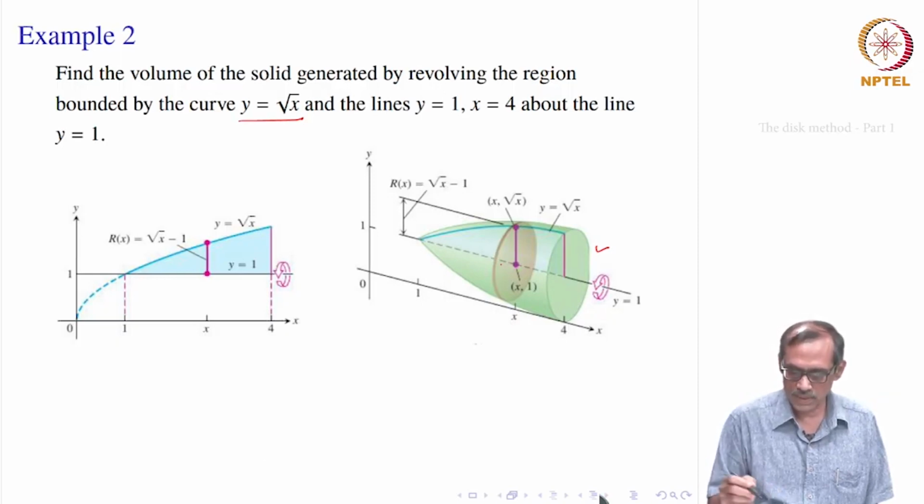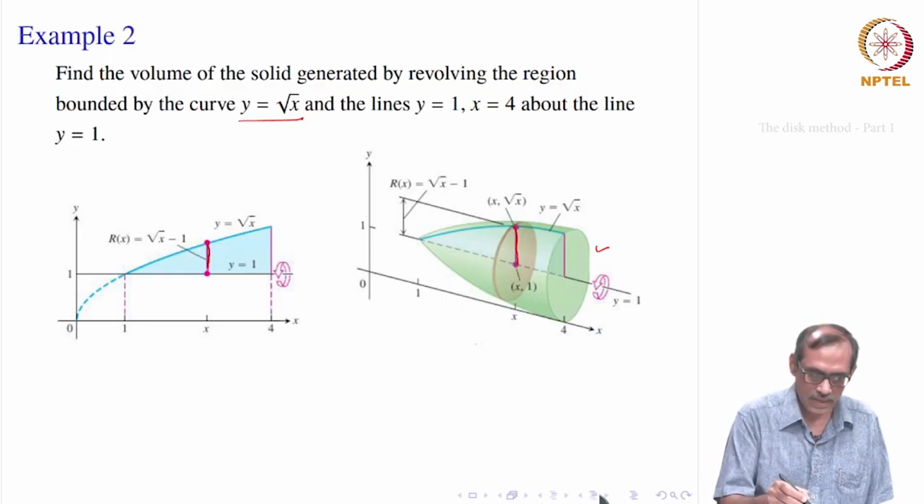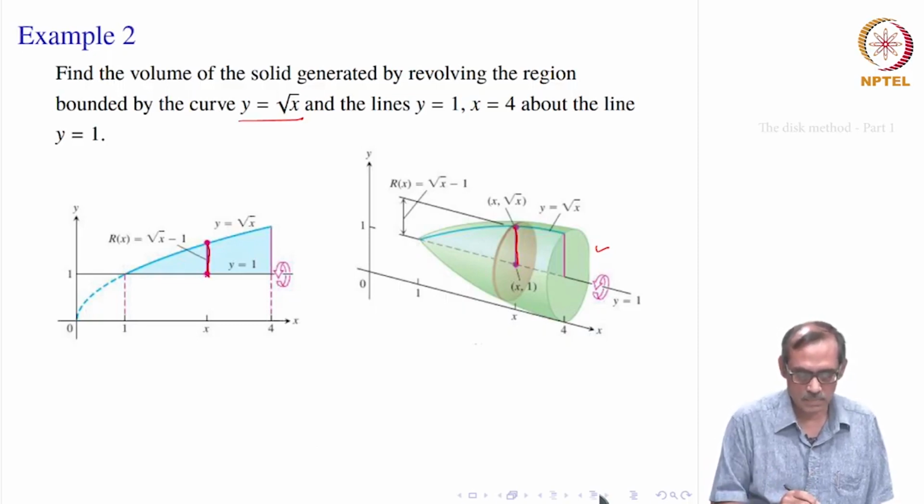Okay. So, first thing we have to find is the area of this disc, and that should be given by our formula, pi times f of x square, but it is not just f of x, because the line is now y equal to 1. So, you have to get its radius really. What is the radius here? It is this line here, which is painted pink.